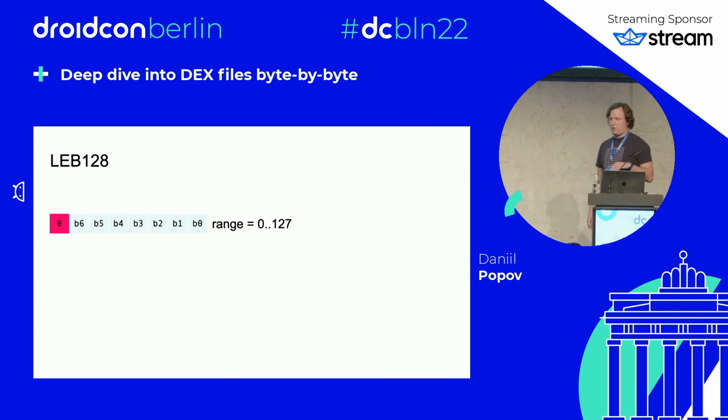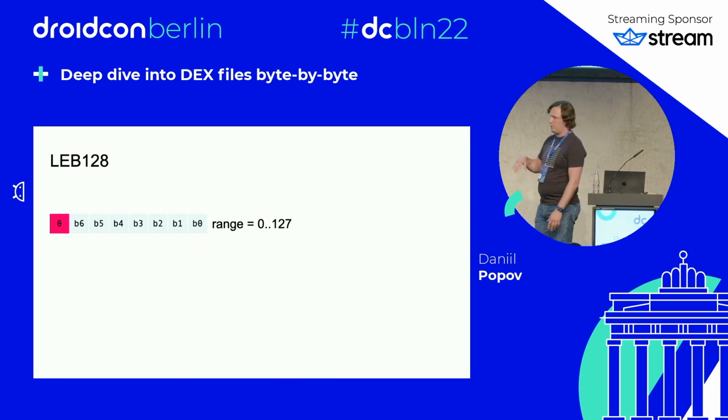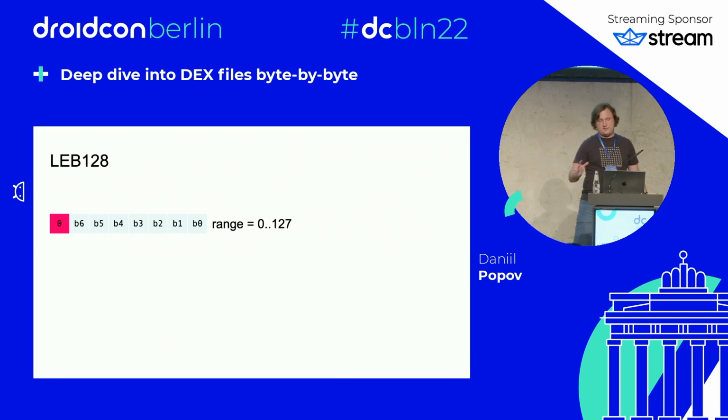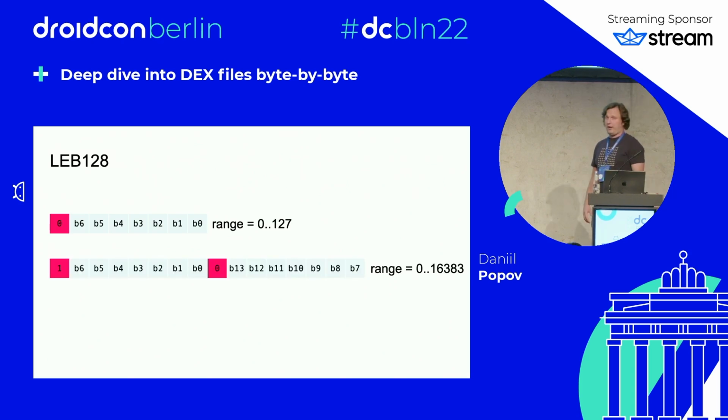If you have to store some value in the range from 0 to 127, it's enough to use 7 bits. And in this case, the most significant bit will be set to 0, meaning that this is the last and the only byte in the sequence. But if you have a slightly larger number that requires 14 bits to store, you might use 2 bytes.